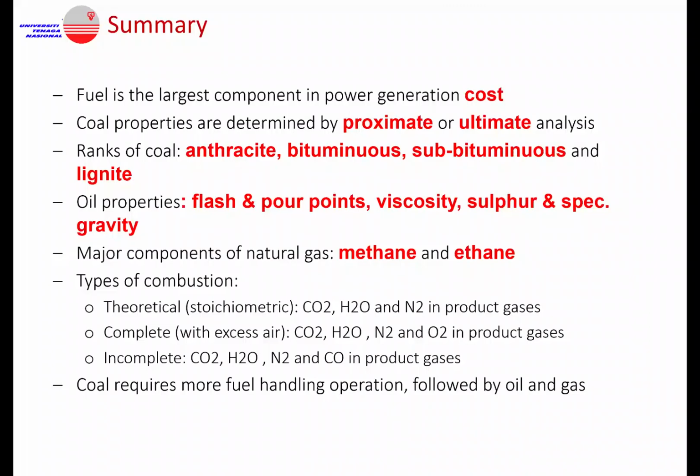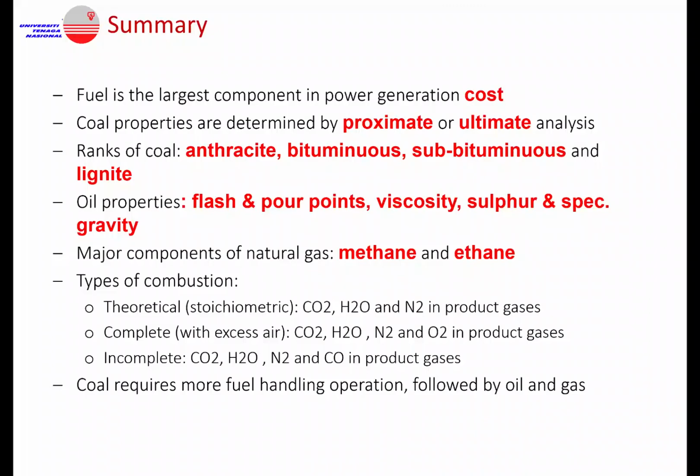Okay, and then coal properties are determined by proximate or ultimate analysis. Remember the difference between the proximate and ultimate analysis. Proximate analysis is much simpler in the sense that you're talking about moisture content, ash content, volatile matter content and whatnot.